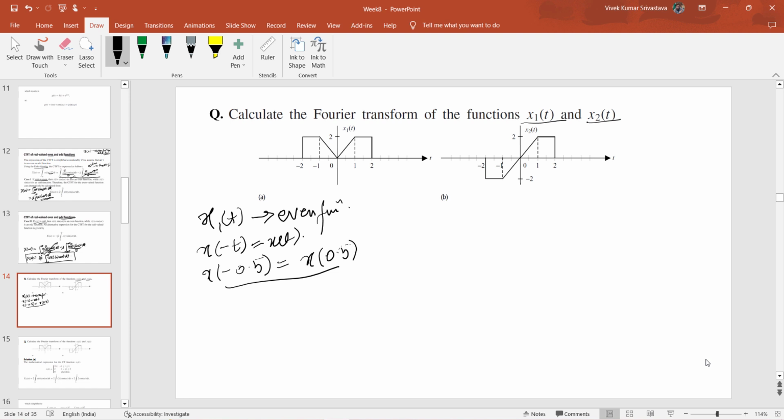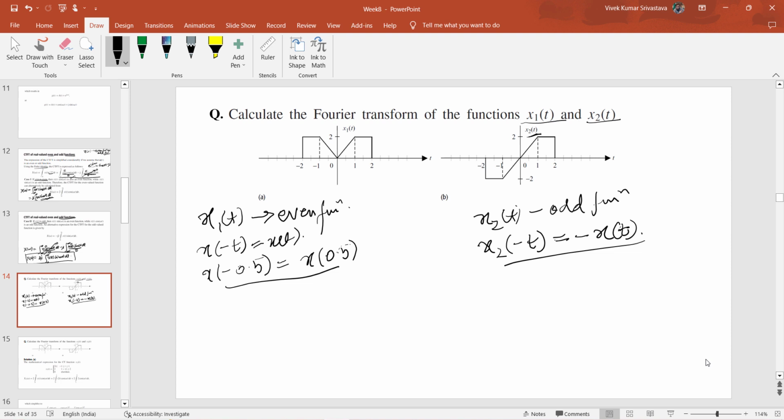Similarly for x2, just by visualizing we can say that x2 of t is an odd function. Mathematically also you can evaluate that x2 of minus t is equal to minus x2 of t, and by using this equation you can check whether it is an odd function or not.